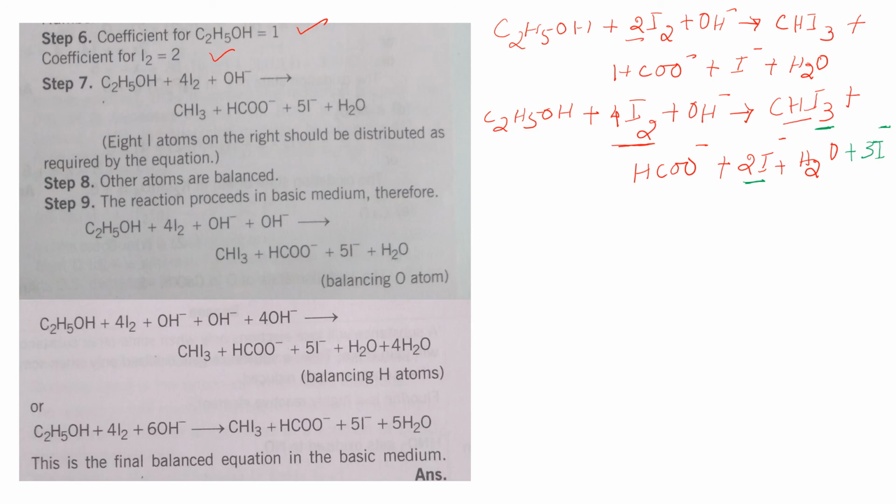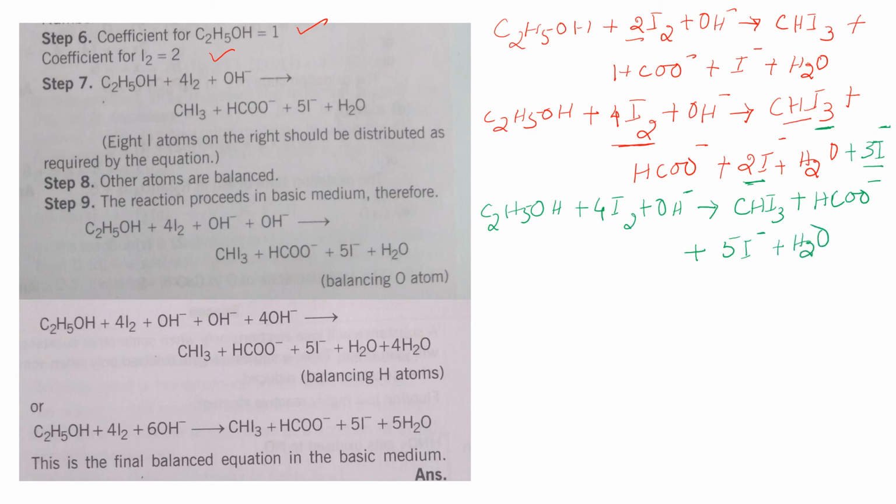Now after adding 3I minus here, what I am getting: C2H5OH plus 4I2 plus OH minus is giving you CHI3 plus HCOO minus plus 2I and 3I, it will be 5I minus plus H2O.